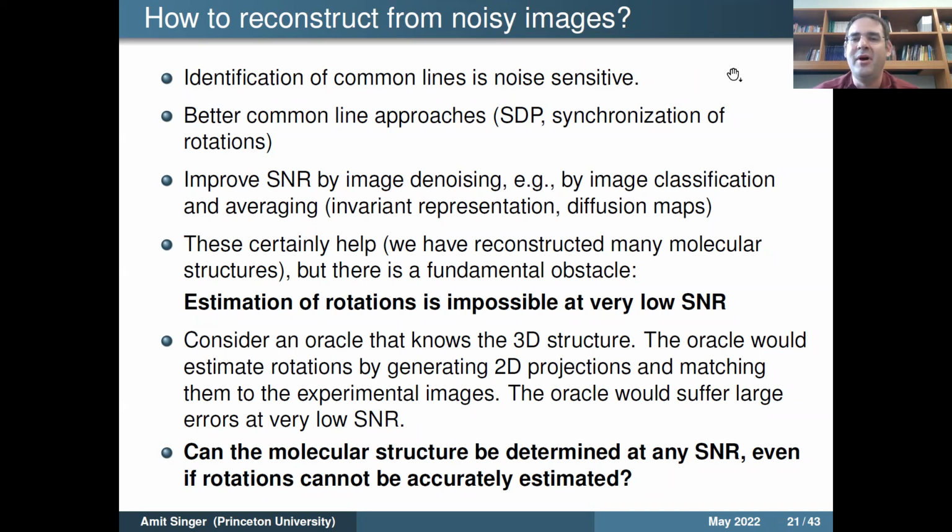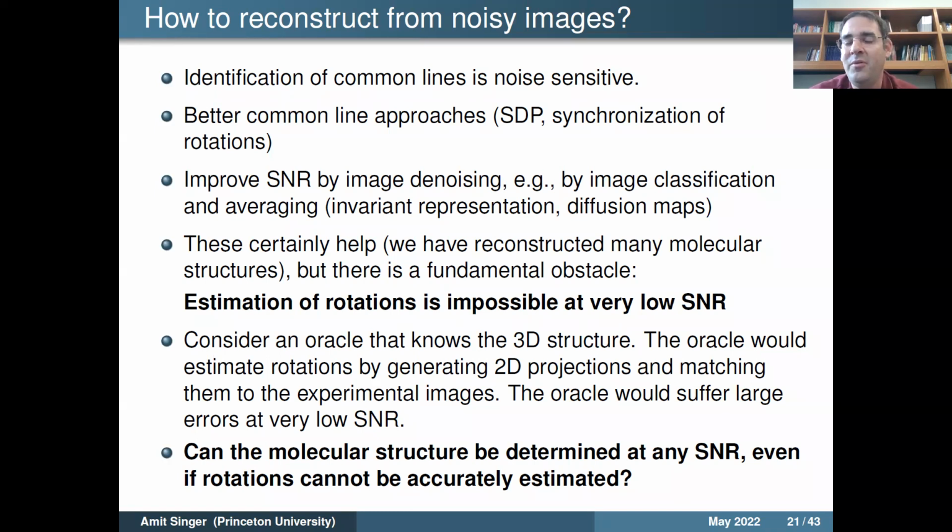No matter how sophisticated we are as mathematicians, at very low SNR it's going to be impossible to estimate the rotations accurately. To convince you, just consider an oracle that actually knows the 3D structure. Obviously we won't be able to do any better than an oracle that knows the 3D structure, and even an oracle would have a tough time estimating the rotation of very noisy 2D projections.